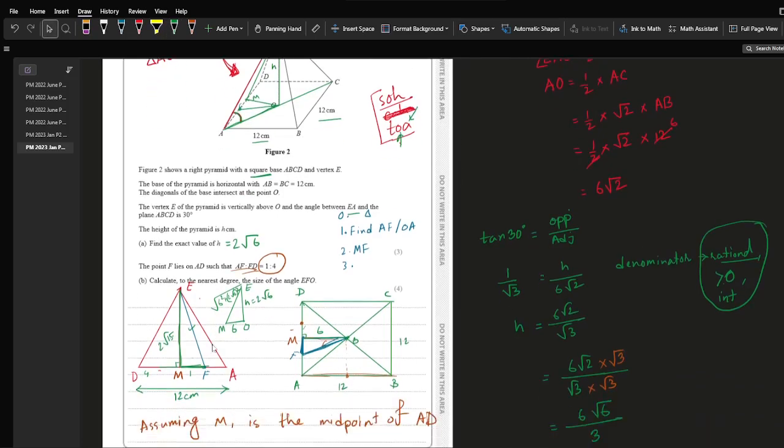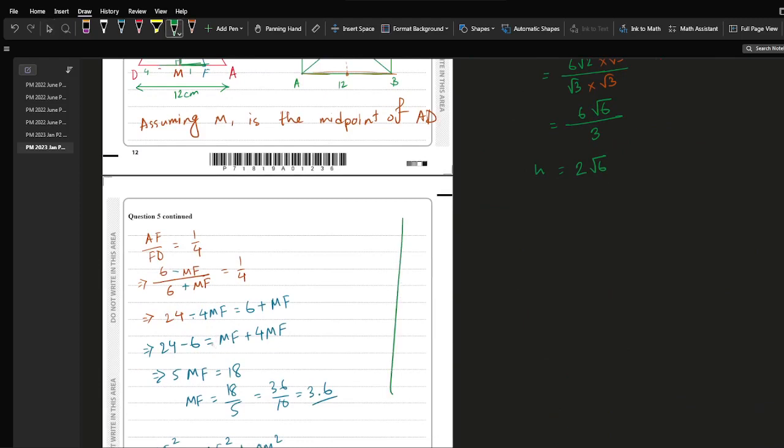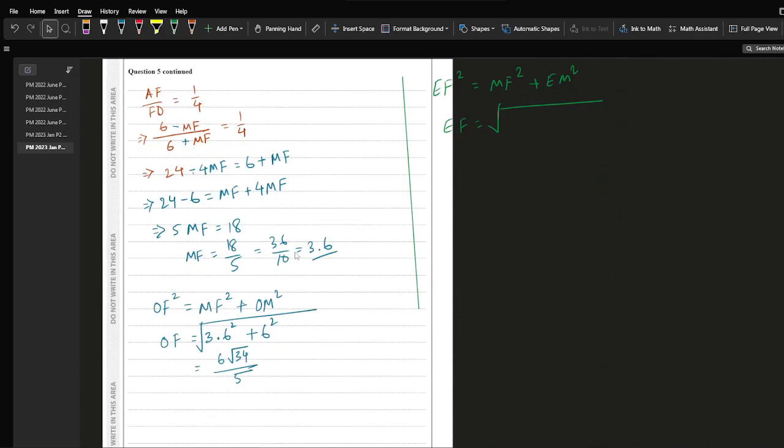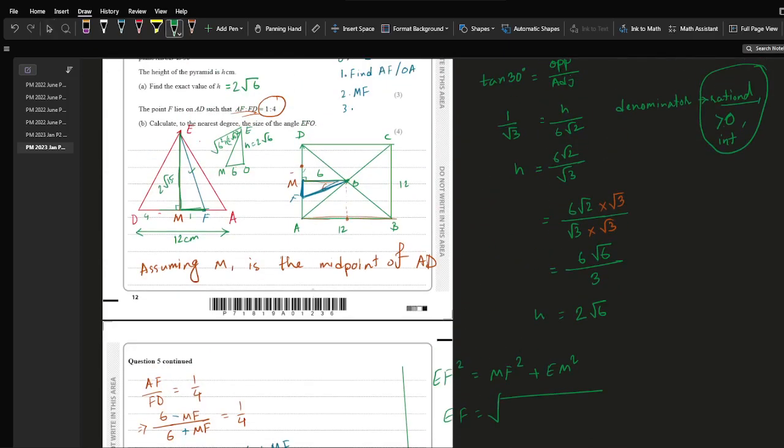So EF is, this is method 2. EF squared is equal to MF squared plus EM squared. So EF is equal to the square root of MF, which is 3.6, squared plus EM, which is 2 root 15, squared.